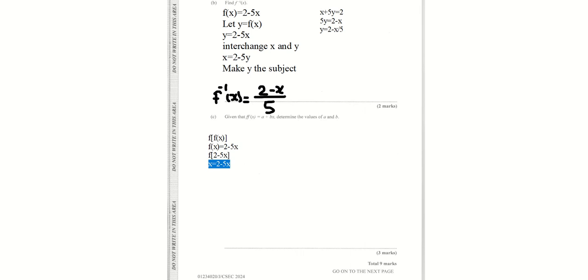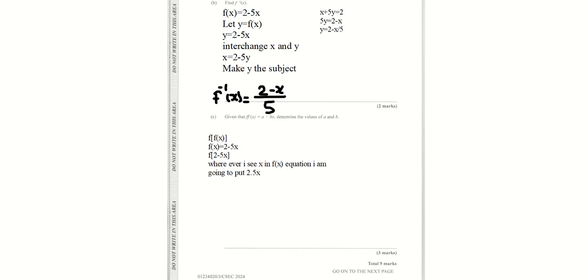So therefore, wherever I see x in the f of x equation, I am going to put 2 minus 5x.